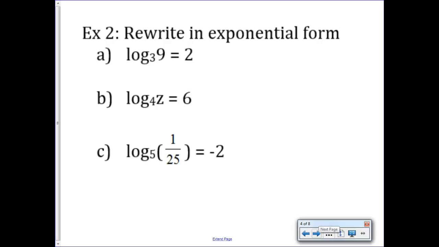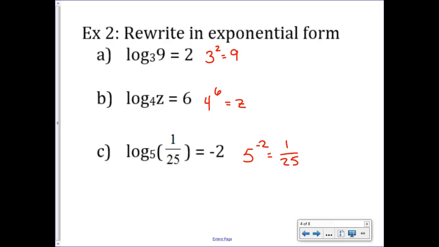We can also go the other direction. So if we have it written in log form, we could rewrite it in exponential form. This would be 3 to the second is 9. This would be 4 to the sixth is z. This would be 5 to the negative 2 is 1 over 25.